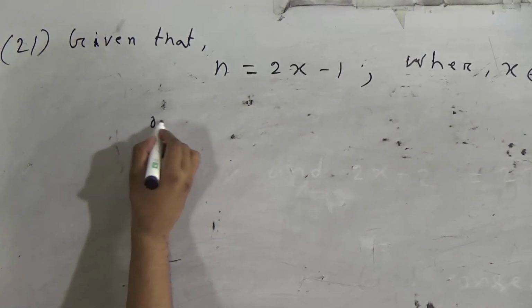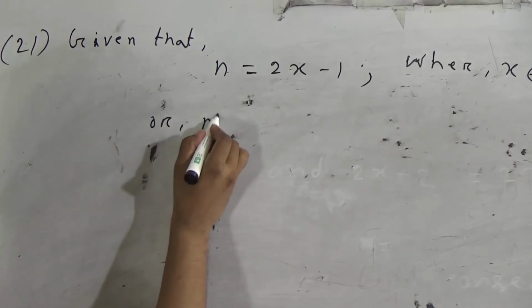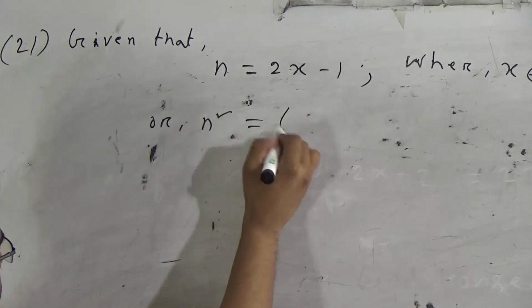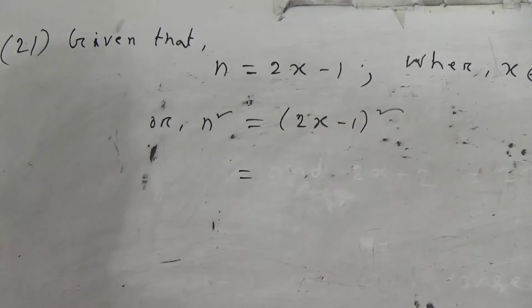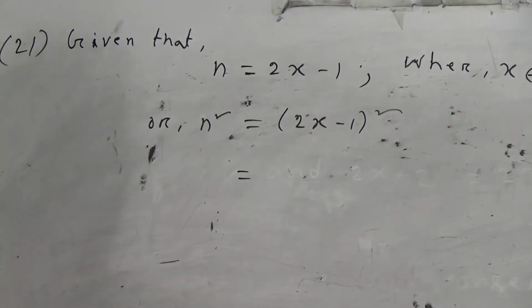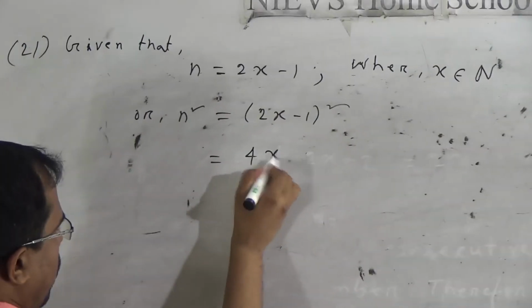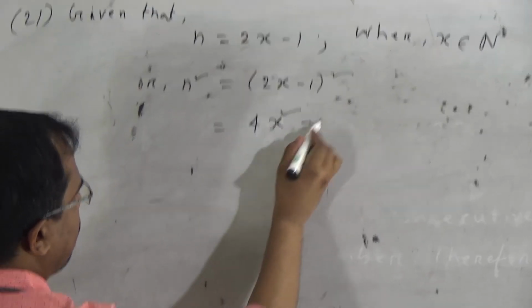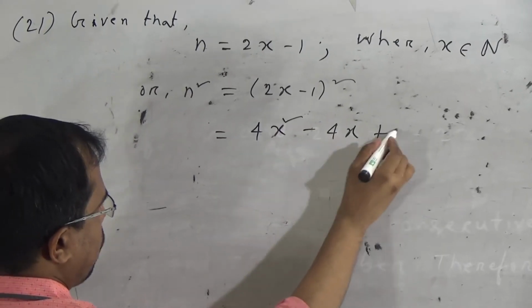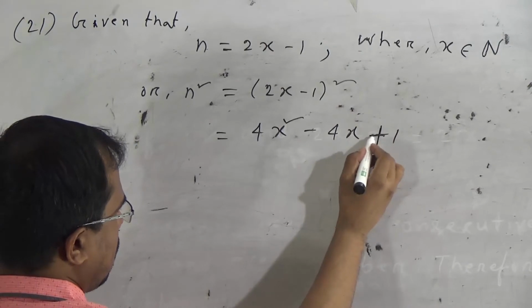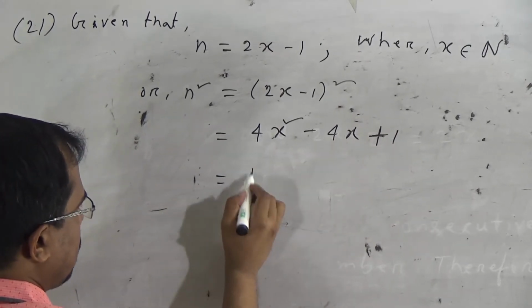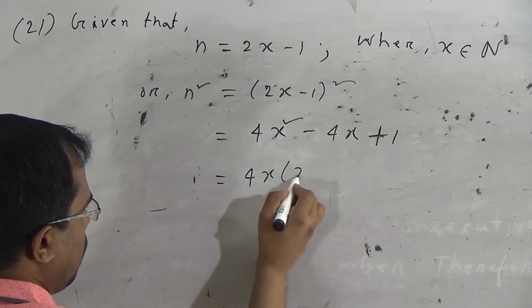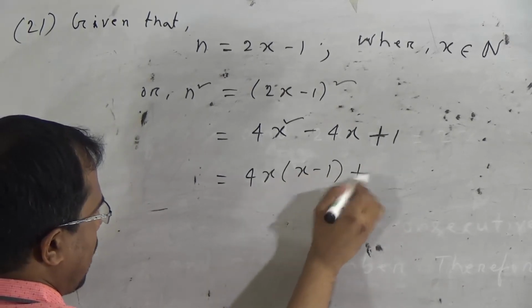Now if we take square on both sides, then n square equal to 2x minus 1 whole square. Applying the formula a minus b whole square, we get 4x square minus 4x plus 1. Now taking 4x as common from these two terms, we get 4x into x minus 1 plus 1.